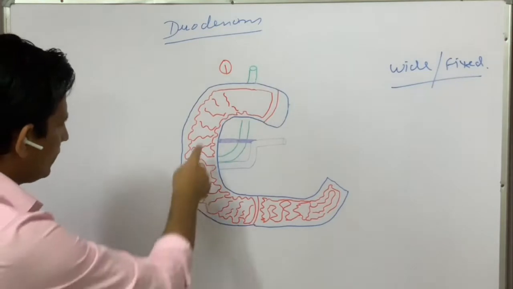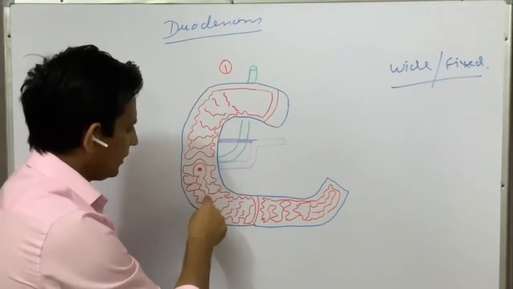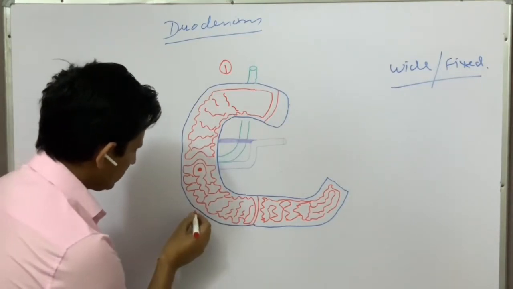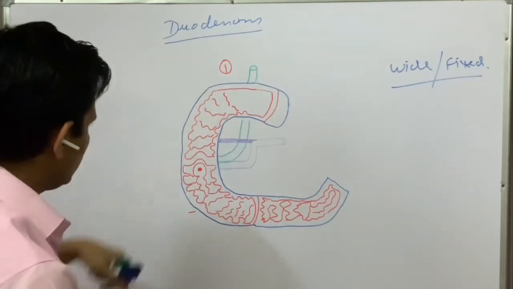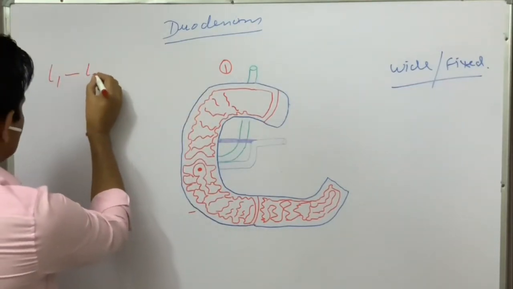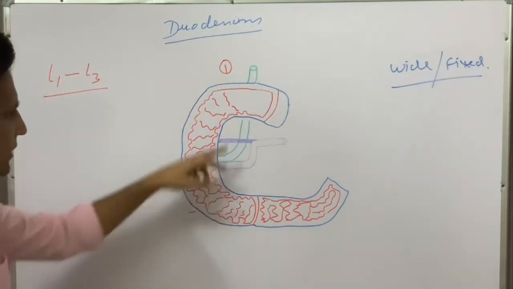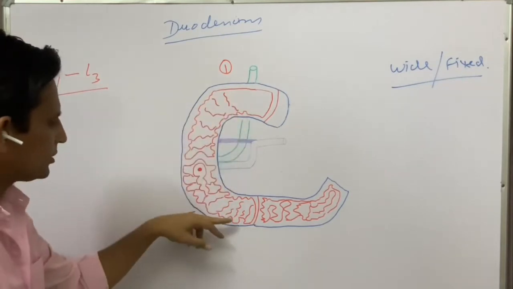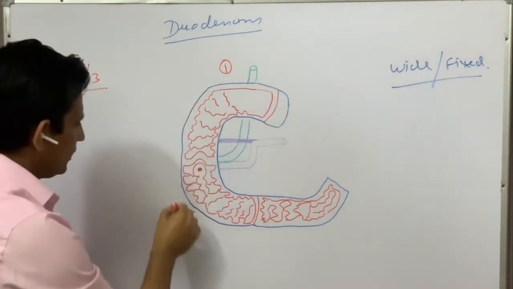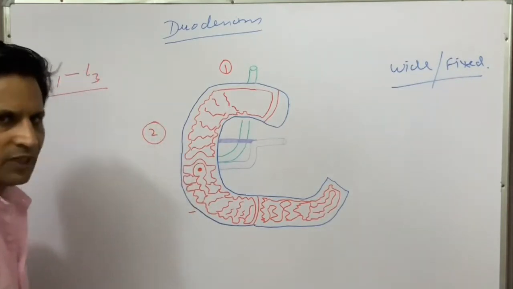Here it turns downwards, or you can say it descends, at the level of L1 to L3, lumbar vertebra 1 to lumbar vertebra 3. So this must be at the level of L1 and this must be at the level of L3, right? So this descending portion is the second part of the duodenum, right?